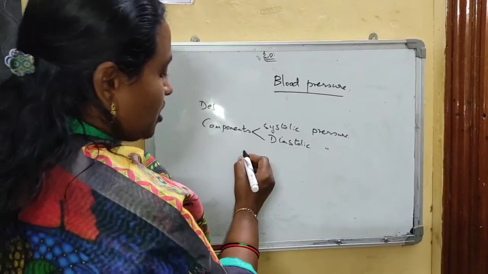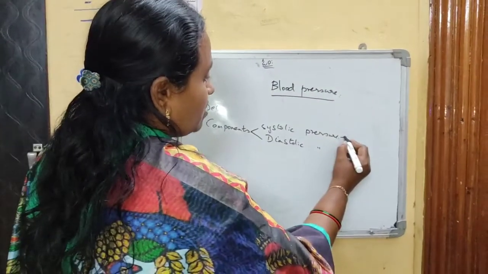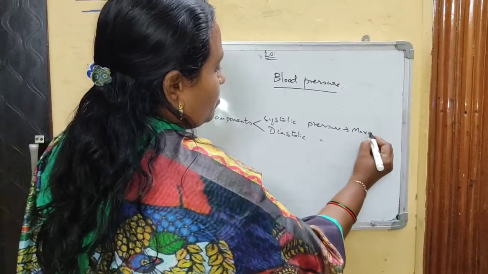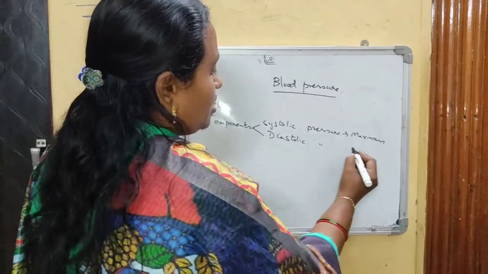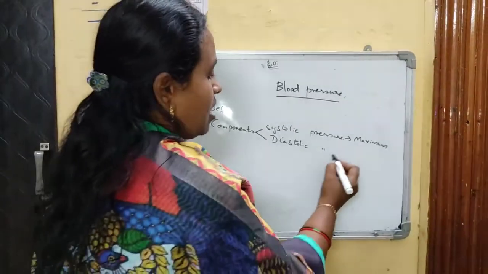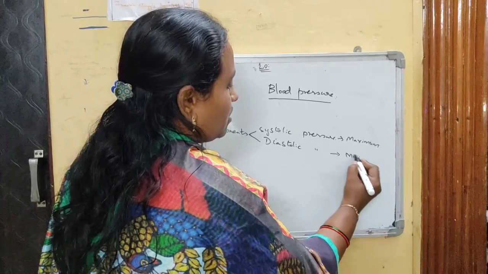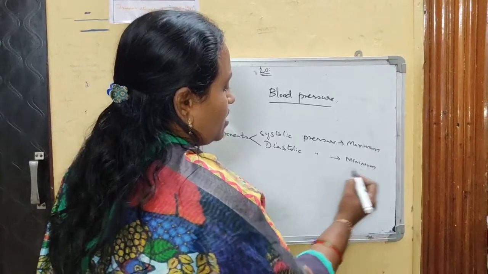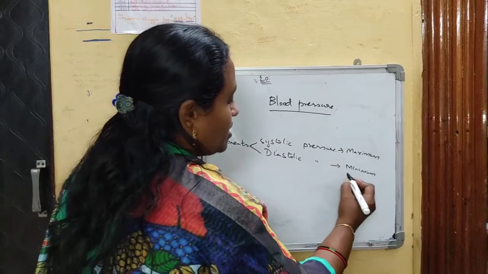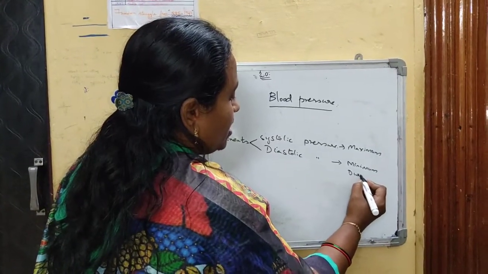The systolic pressure is the maximum pressure exerted during the cardiac cycle, that is during systole, and diastolic pressure is the minimum pressure exerted during the cardiac cycle, that is during diastole.